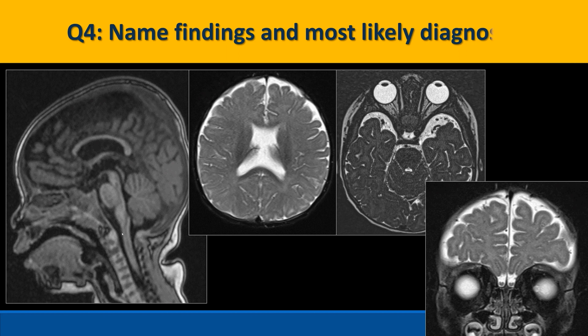Looking in the region of the sella turcica, I don't really see the pituitary gland, either the anterior portion or the posterior pituitary bright spot. That's fair. And then it just seems maybe there's a little bit of prominence of the third ventricle.